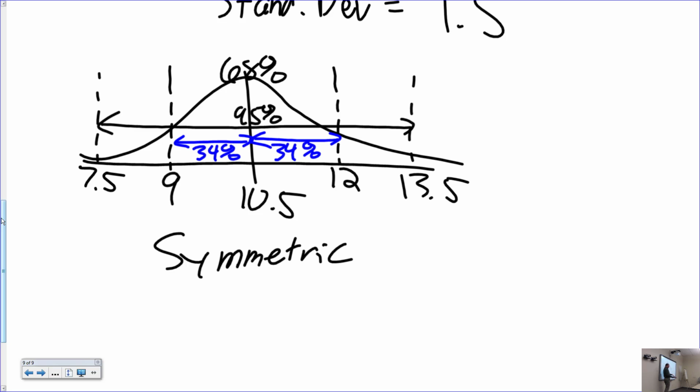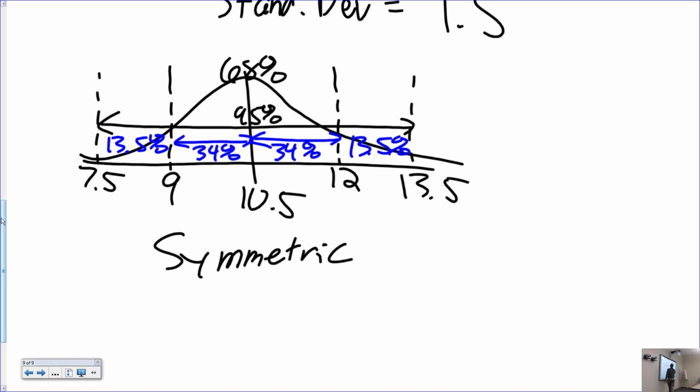We're using up 34 of the 47 and a half. How much is left? 13.5%, right? Because these two have to add up to the 47.5%, half of 95. And so nicely enough, what's 7.5 to 9? 13.5%, because it's symmetric, right? Everything on one side has to be the same as the other.